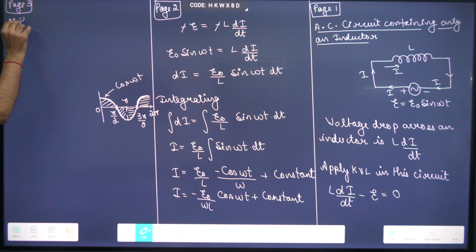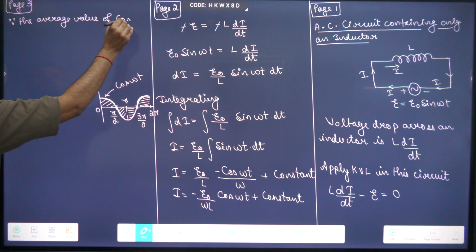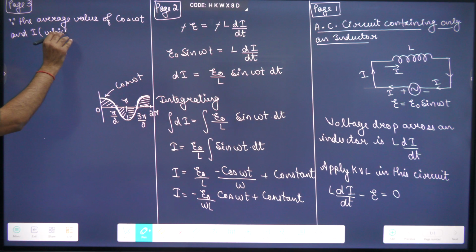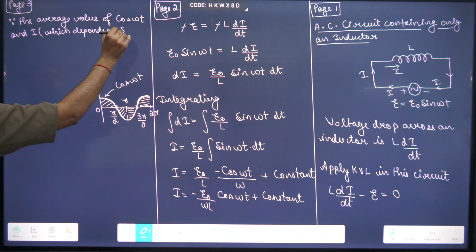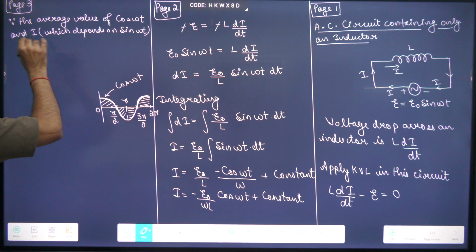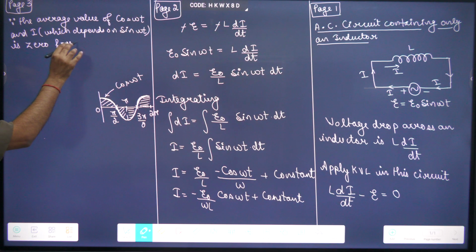Since the average value of cos omega t and I, in the bracket we have to write which depends on sine omega t, is 0 for a cycle.